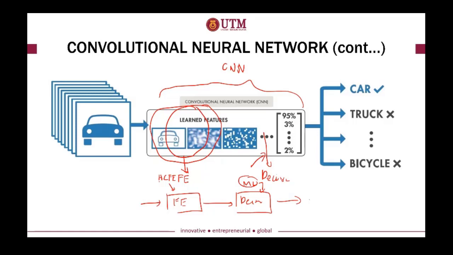algorithm. But when we go to the era of deep learning, everything here has been integrated in one CNN. So in nature, this first phase will do the feature extraction, while the second phase over here will do the decision.